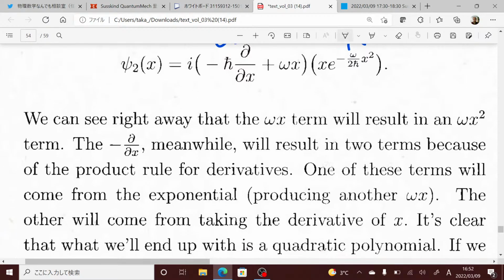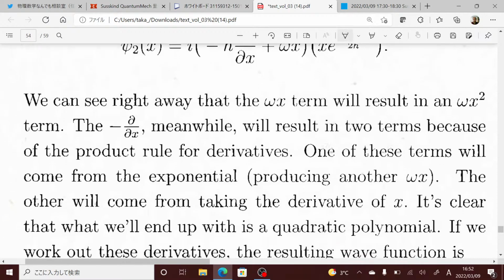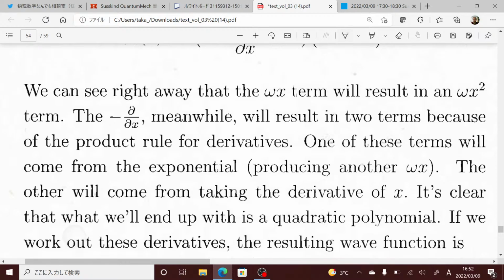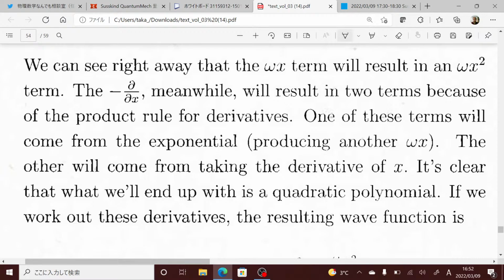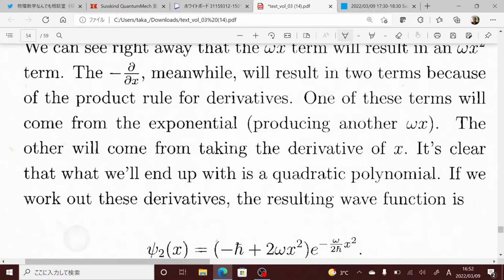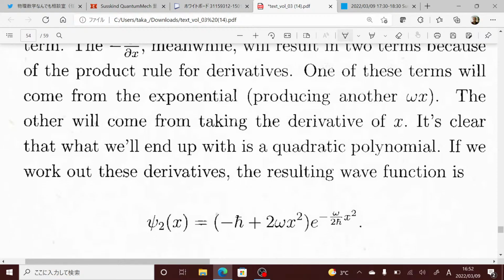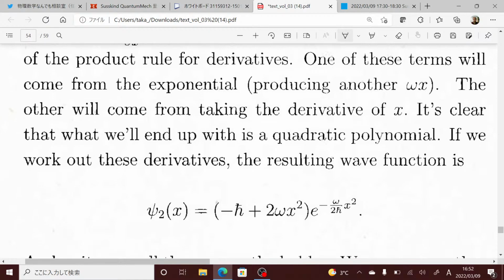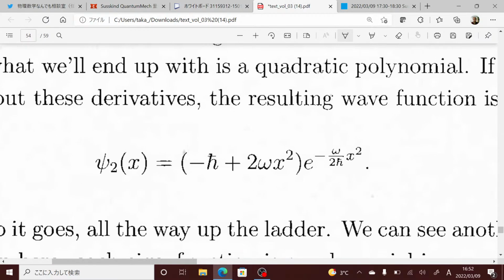One of these terms will come from the exponential producing another omega x. The other will come from taking the derivative of x. It's clear that what we will end up with is a quadratic polynomial. If we work out these derivatives, the resulting wave function is this.